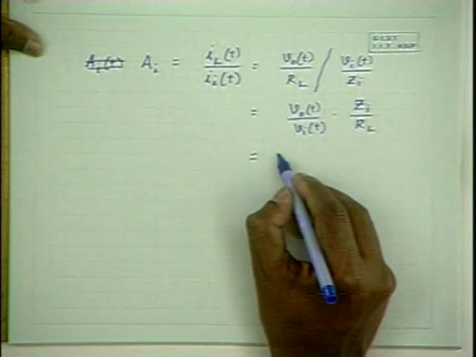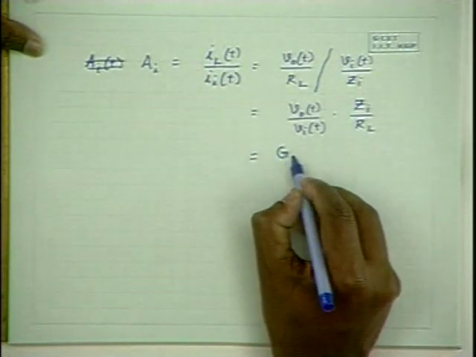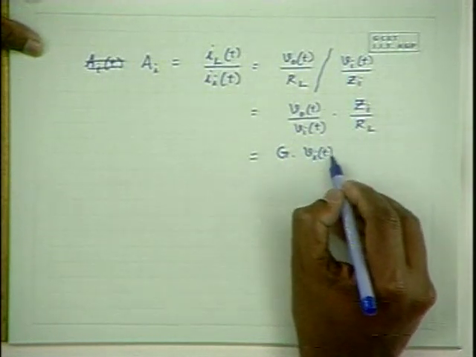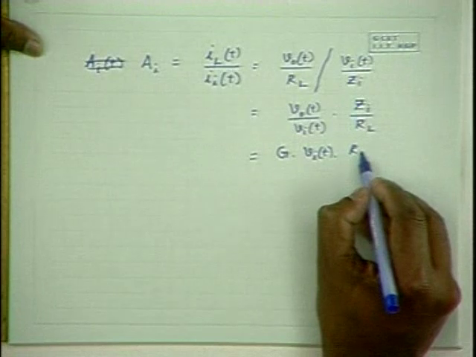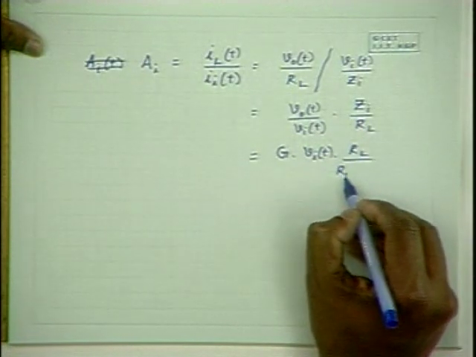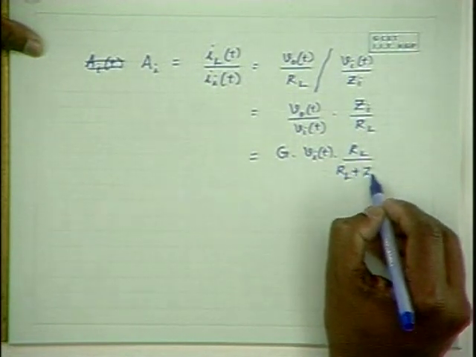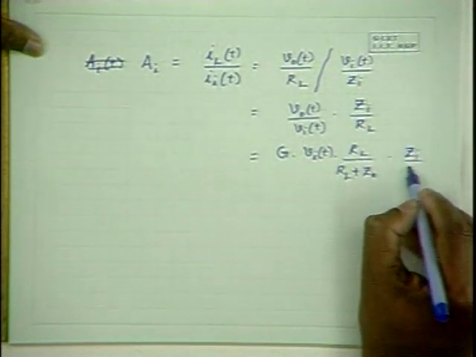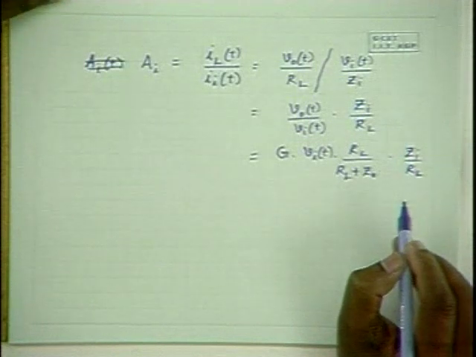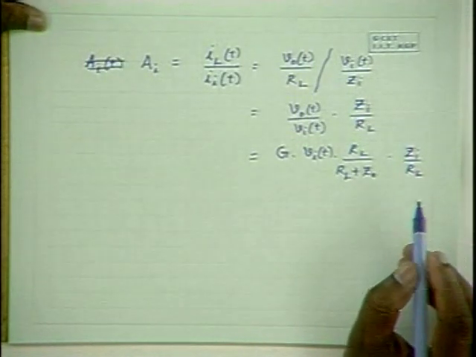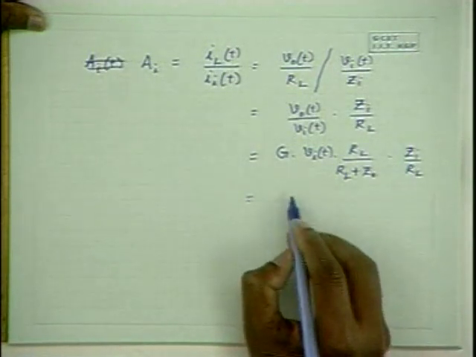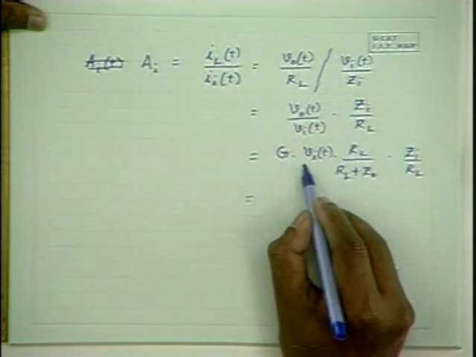That means Vout is G into Vi into how much? RL by RL plus R naught, or in general Z naught into Zi by RL. So this is the expression, and therefore divided by Vi.